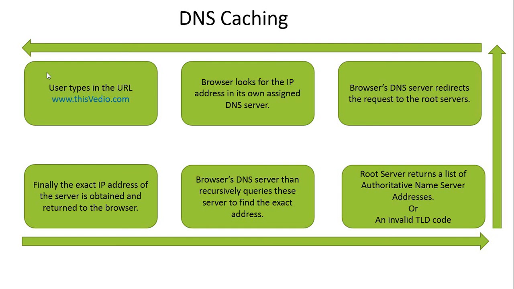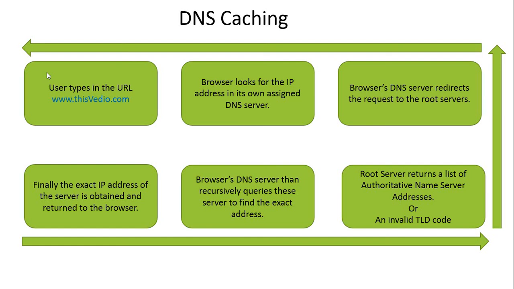So it can be returned from the browser's DNS as well. The whole cycle stops at the first level. Right, guys? This is how your browser comes to know about the IP address of the URL that you asked your browser for.